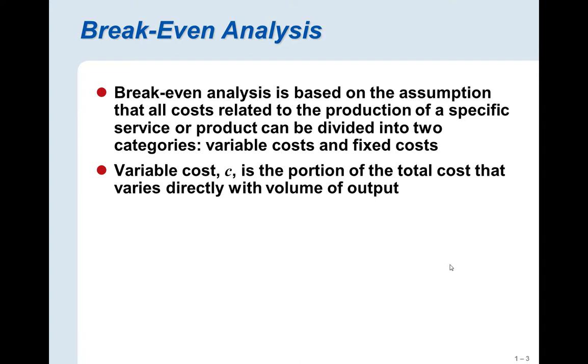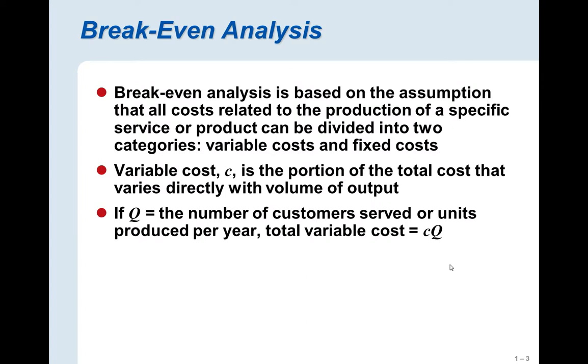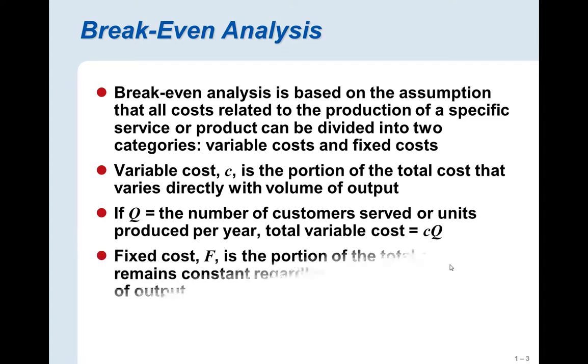The more we produce, the higher the cost will be. If we don't produce or sell, variable cost will be 0. Total variable cost is directly related to quantity, so it is C times Q.